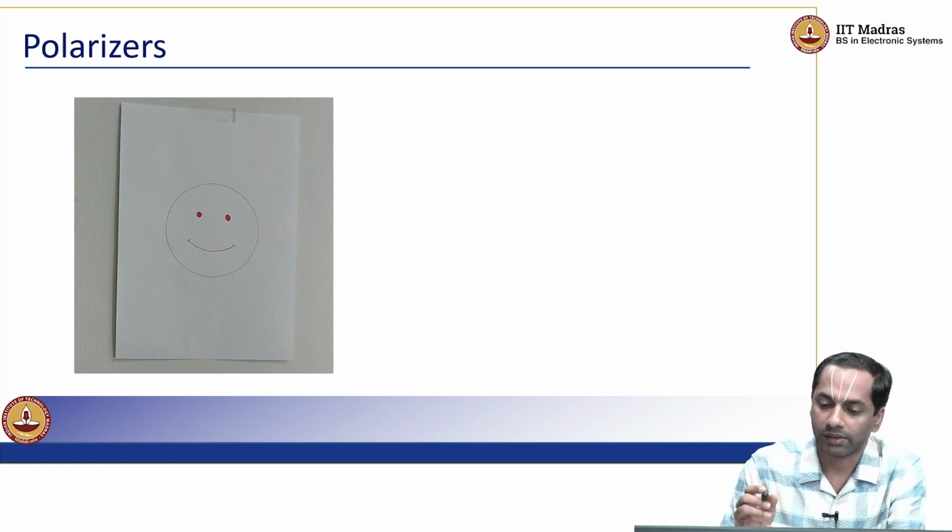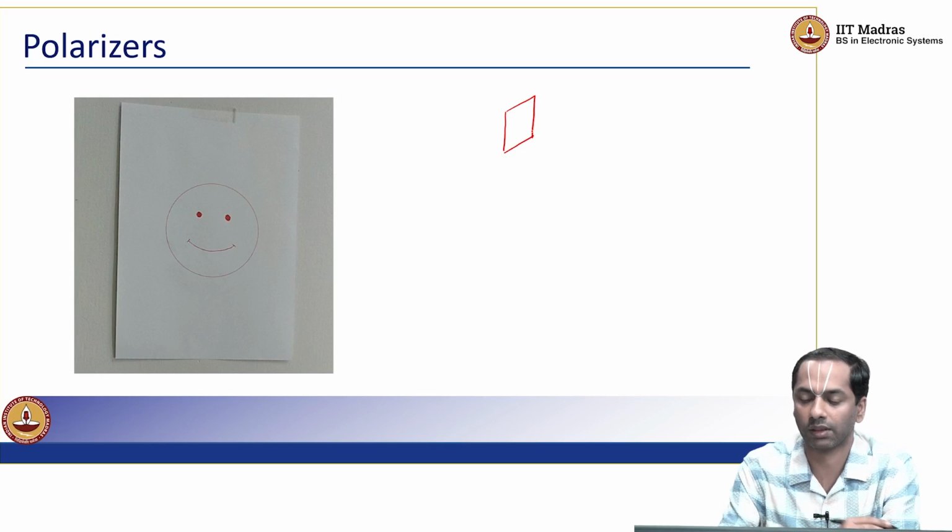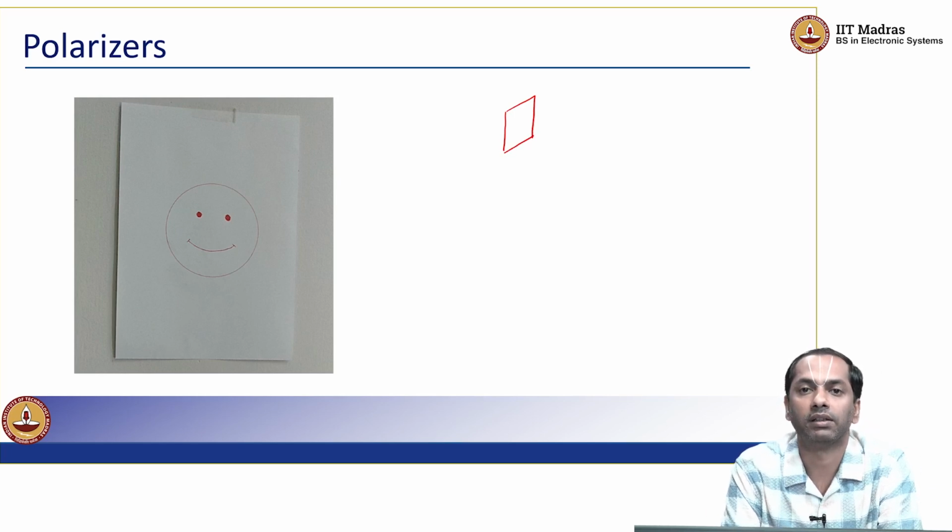So, a polarizer is essentially a filter. If light of arbitrary polarization were incident on this, it could be a piece of film or it could be a piece of glass-like material, some sheet.